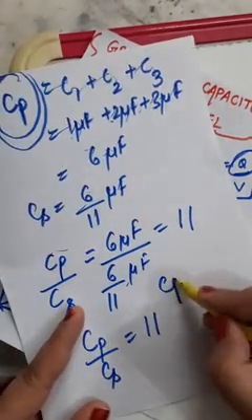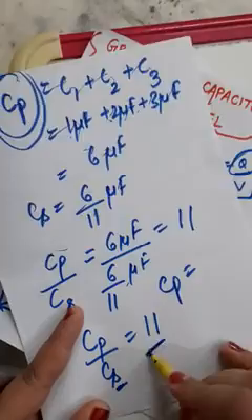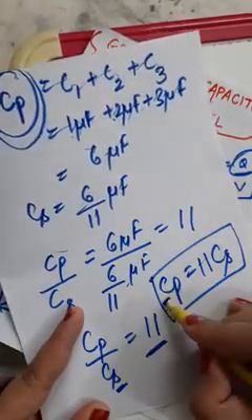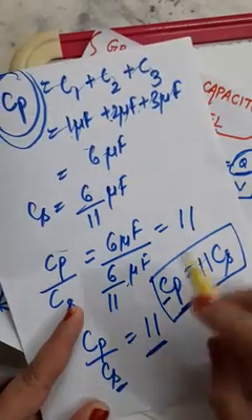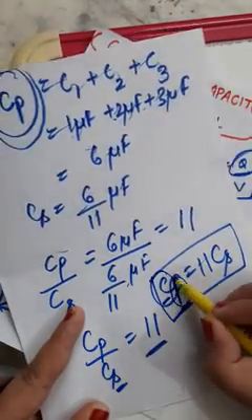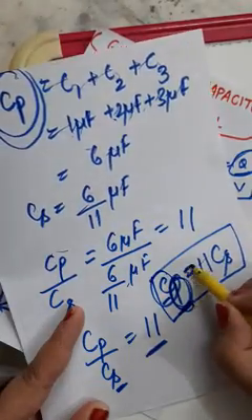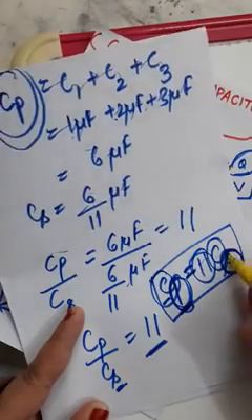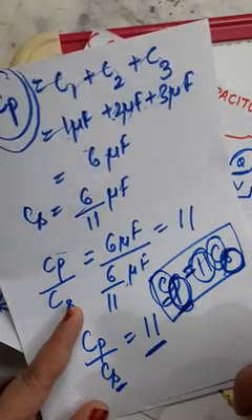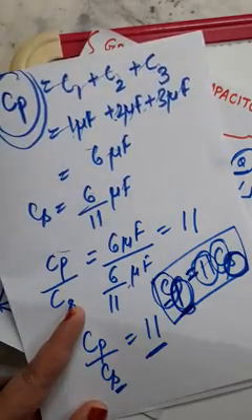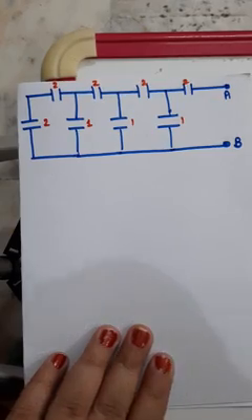So Cp is equal to, take this Cs to the other side, 11 Cs, which means capacitance when the capacitors are connected in parallel is equal to 11 times the capacitance when capacitors are connected in series. So this way you can solve numericals of this topic.